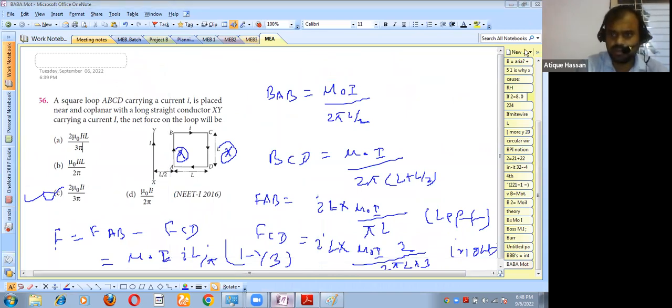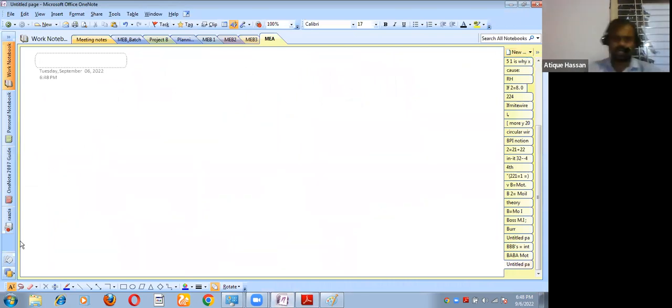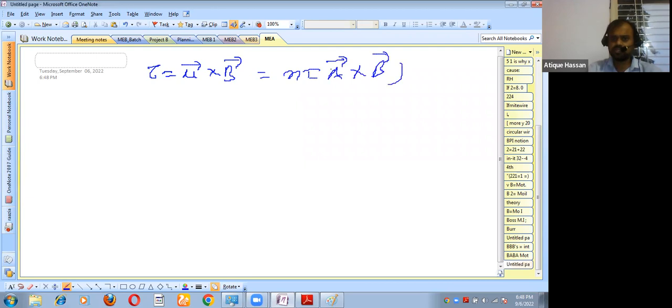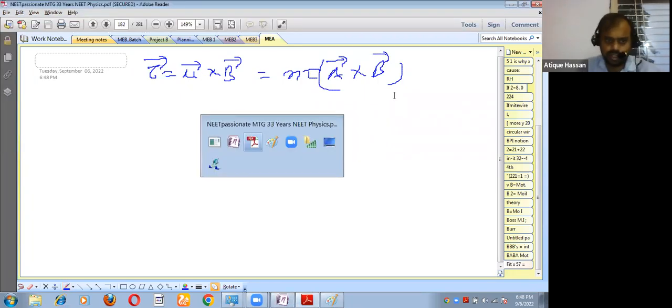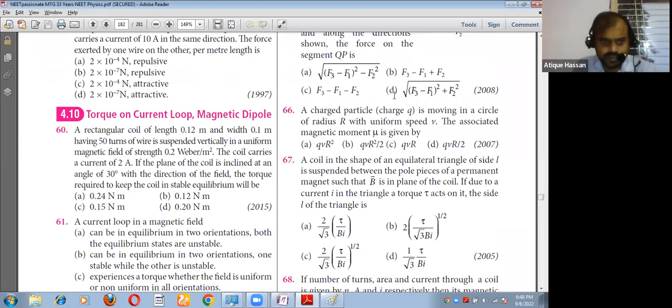Torque is mu cross B. If there is a current carrying wire placed in a magnetic field, torque acting on the loop is mu cross B, or M cross B, where mu is the magnetic dipole moment and it is NIA. So this is basically the formula for torque acting on a current carrying loop placed in a magnetic field, that we all know. Based on that, we are going to do questions first.